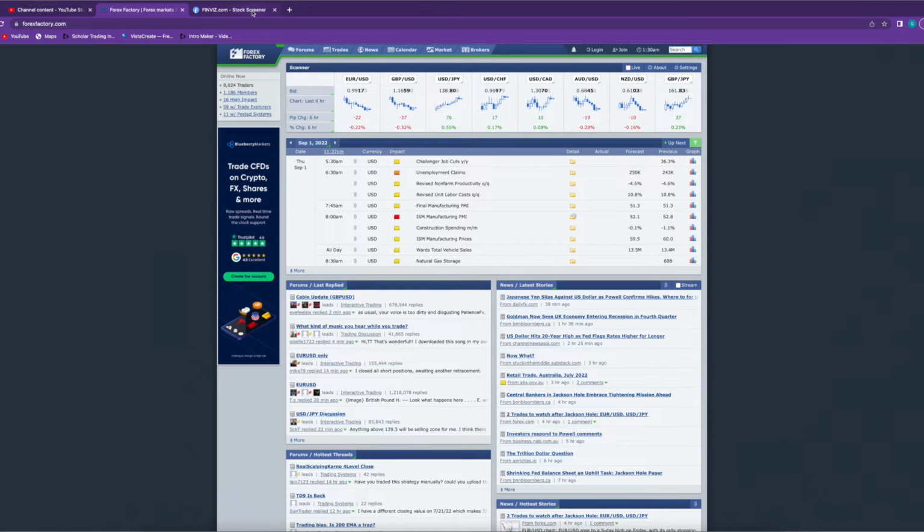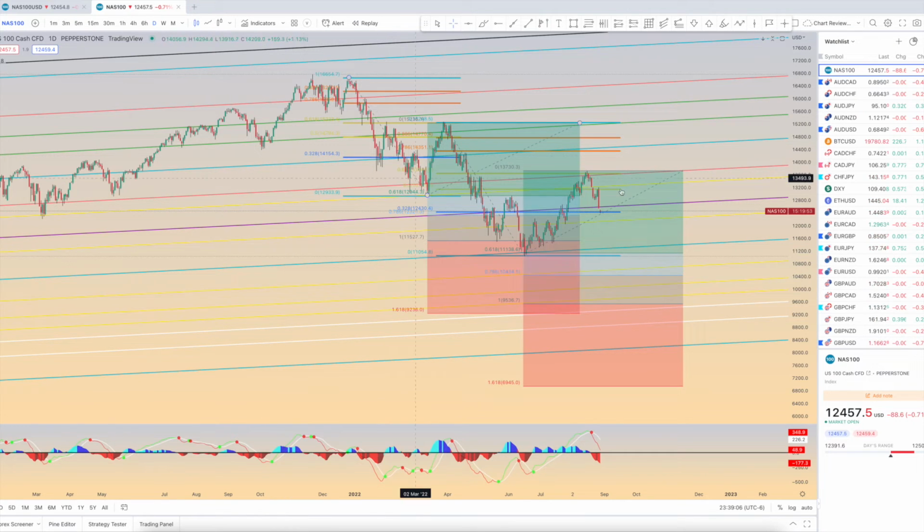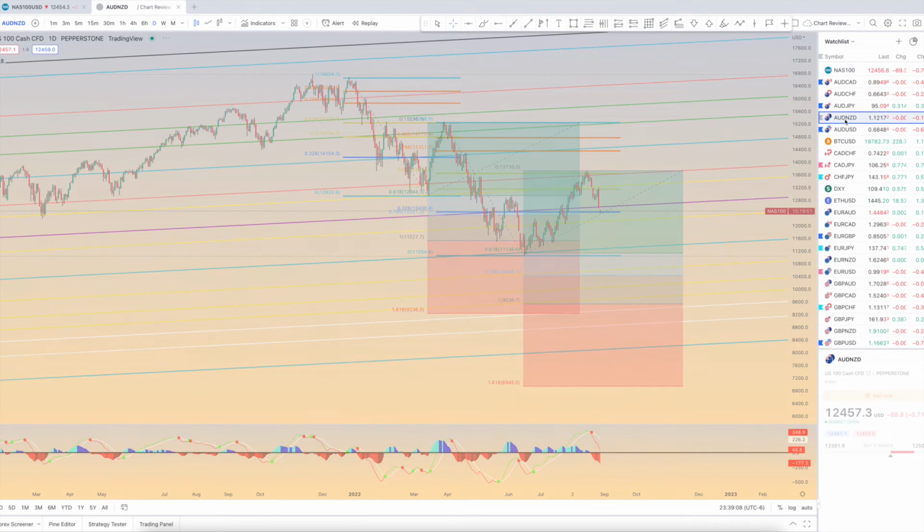So for example, it takes 100,000 lot sizes, right? Which is approximately $1 million a pip, that kind of movement, bought or sold to move the currency pair 1 pip.